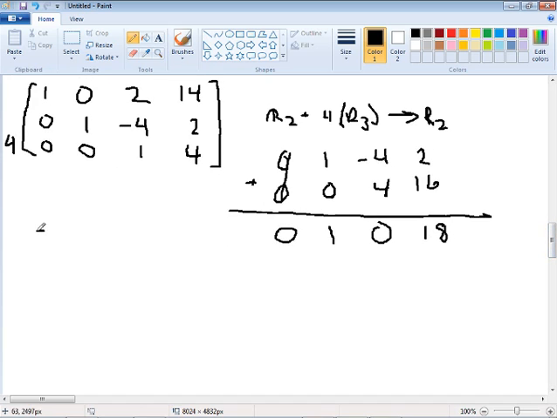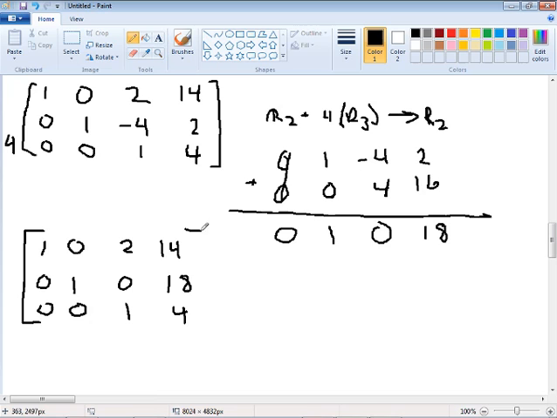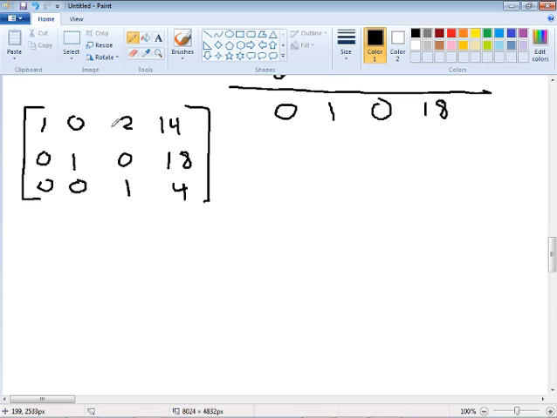So if I redo my matrix, 1, 0, 2, 14, new row 2, 0, 1, 0, 18, and then my row 3, 0, 0, 1, 4. Now all I have to do is get rid of this 2. So I'm going to multiply that last row by negative 2.